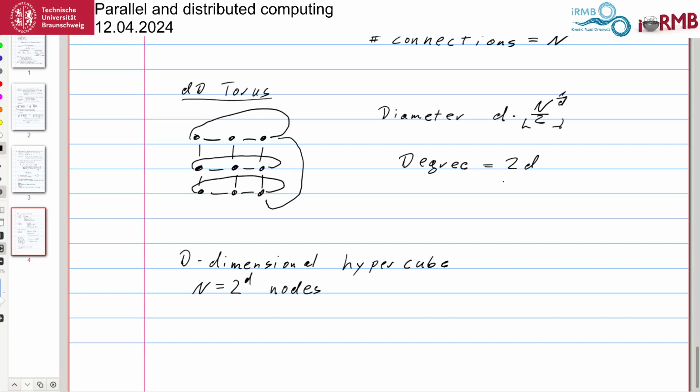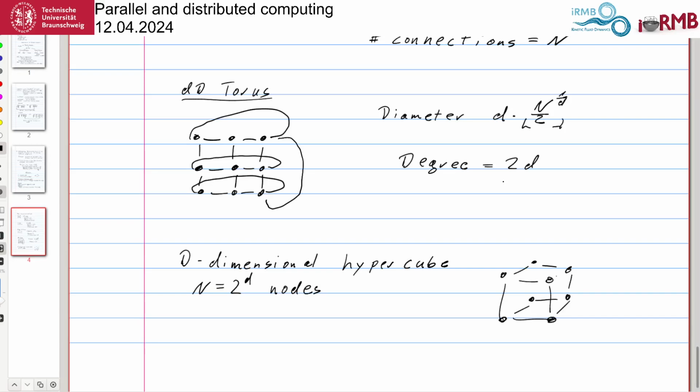And you can draw this, but in order to draw it, it should not be more than 3-dimensional. Otherwise, it's getting a little bit complicated to draw, at least for me. So let's try to draw a three-dimensional cube.